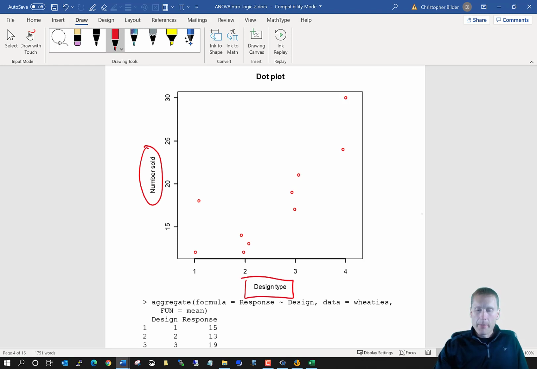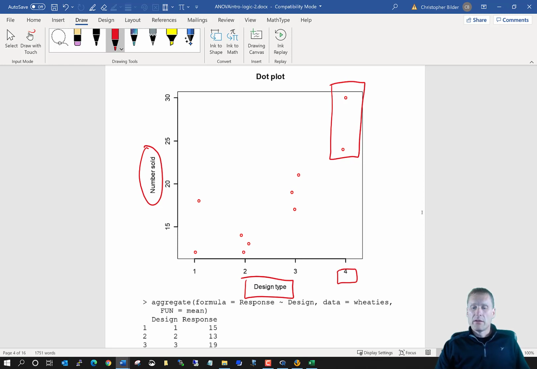Here's the design type. And immediately what we can see here is for design number 4, all the data seems to be shifted higher than for all the other design types. And so immediately you might be thinking, hey, something's going on here.